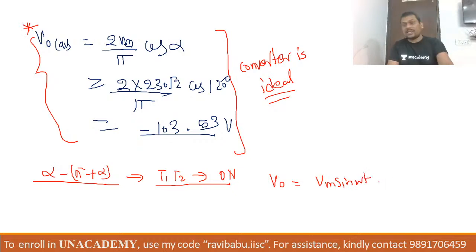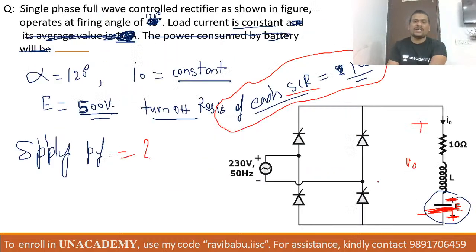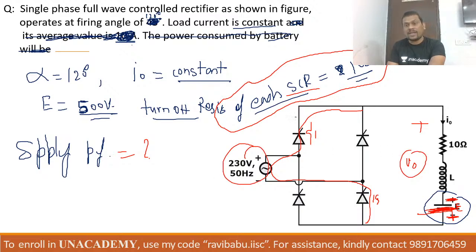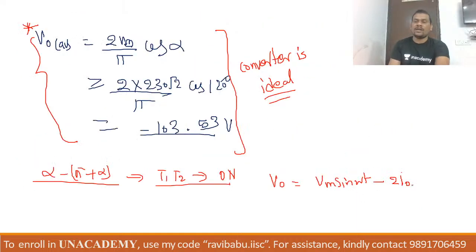But minus some drop also, and that drop is nothing but 2 into I naught R. Two resistances will connect in series beta. This 1 ohm and that 1 ohm will have some drop and current will flow in such fashion. So your V naught will be this Vs minus this current is I naught and this R that are 1 ohm. So 1, 1 and 2. It means beta here we have to write minus of 2 I naught.